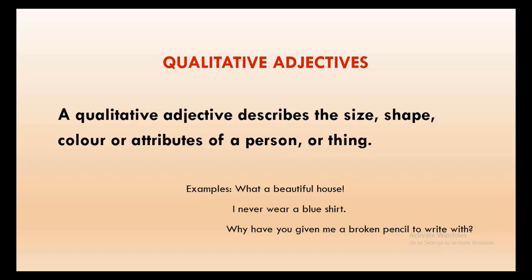See examples. What a beautiful house. I never wear a blue shirt. Why have you given me a broken pencil to write with? In these 3 examples, students, the words beautiful, blue, and broken describe the quality of the noun respectively.